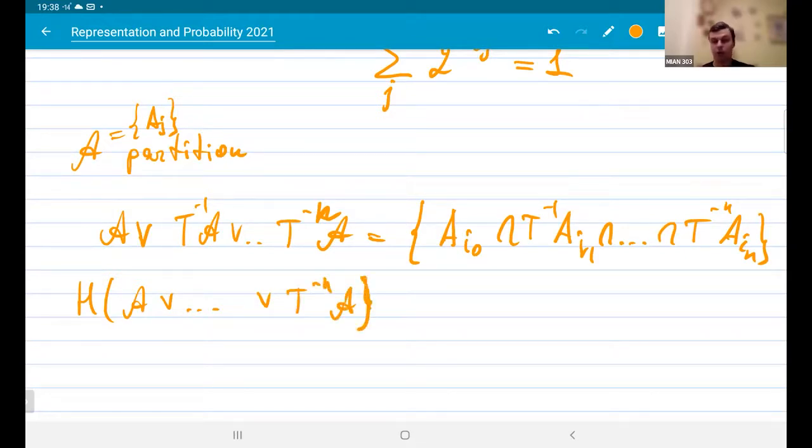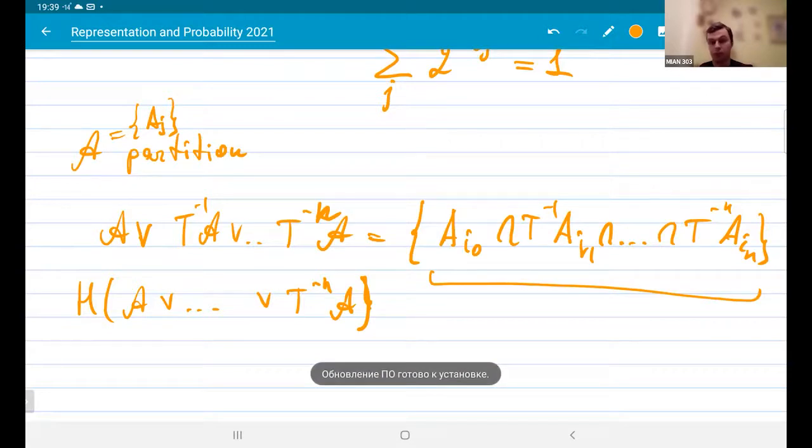An easy calculation shows that if, for example, each of these partitions is independent in the probabilistic sense, this means that the probability of any set of this form is just a product of probabilities. And you should remember that the probability of the image and pre-image of every set is the same as the measure of the set itself, because our measure is invariant.